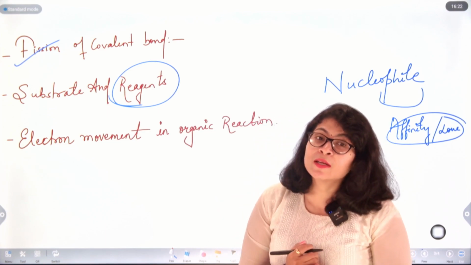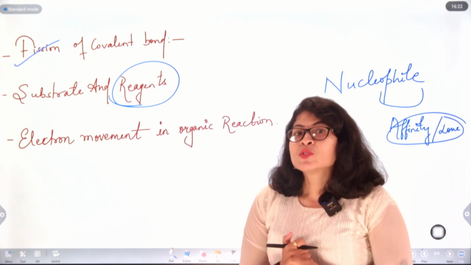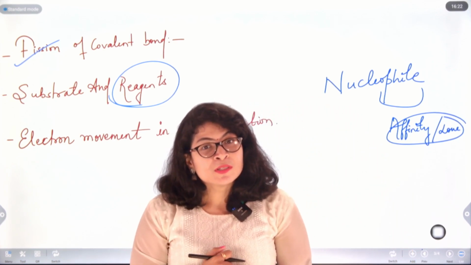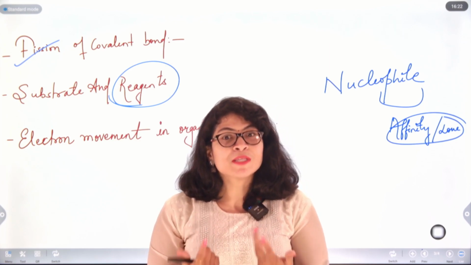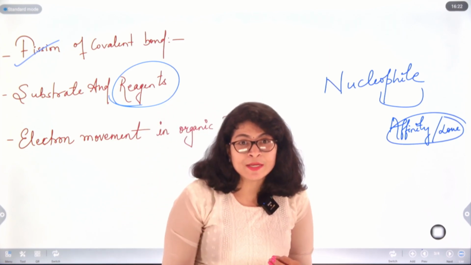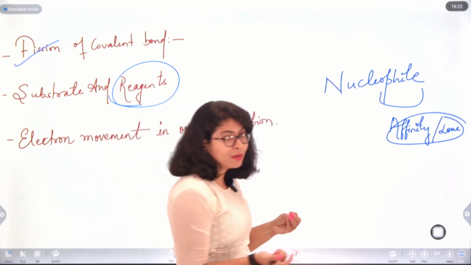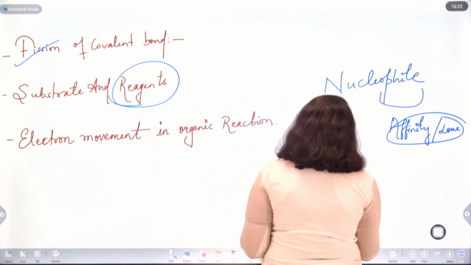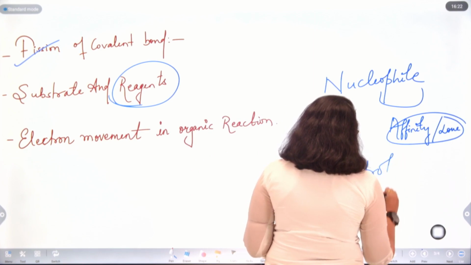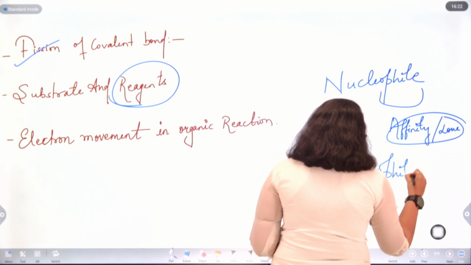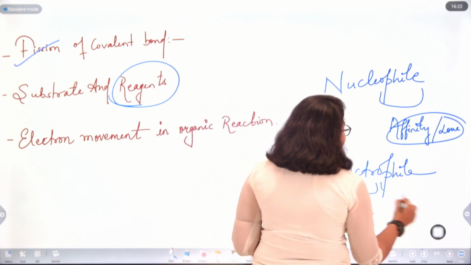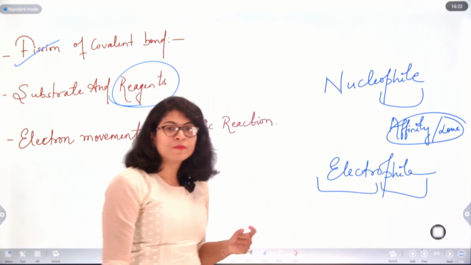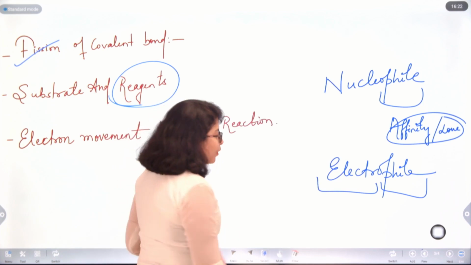So that particular atom which is positive in itself and goes hunting for a negative site is called an electrophile. Electrophile means electron loving. Electron loving species are called electrophiles.